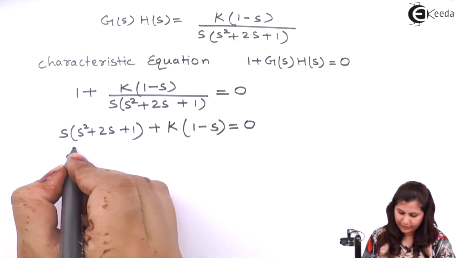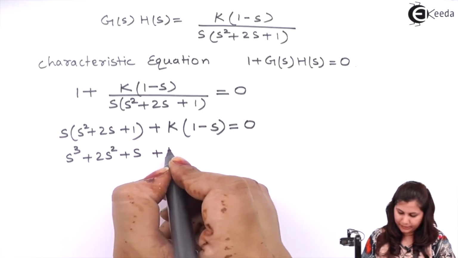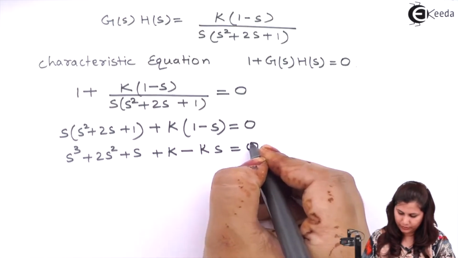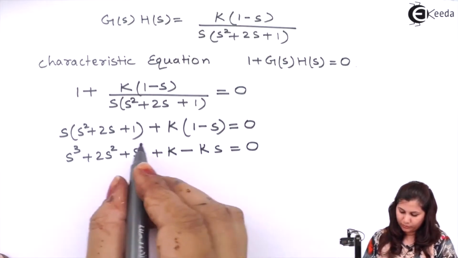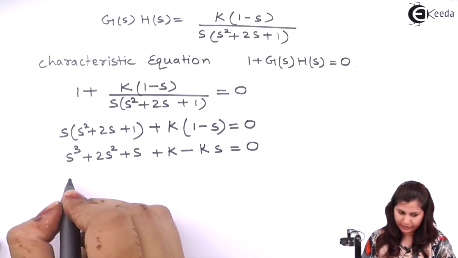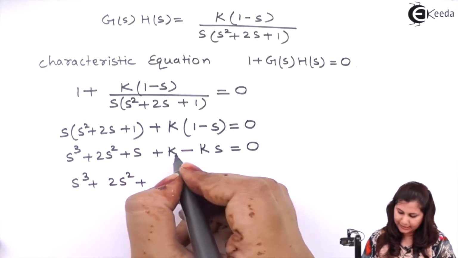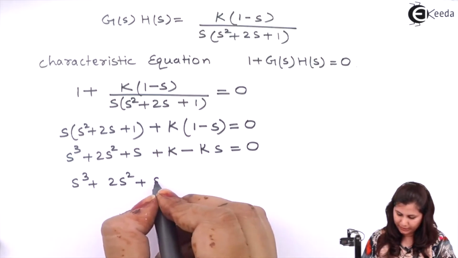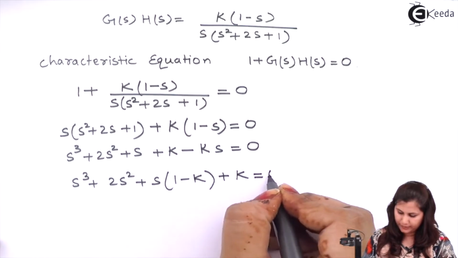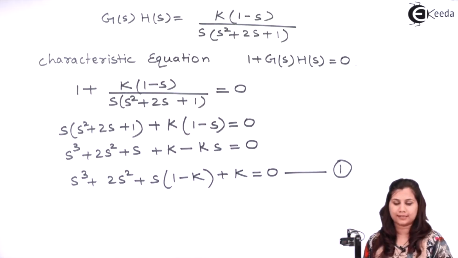Multiply this, we will have s cube plus 2s square plus s plus K minus Ks equals 0. So having the same coefficient term as 1, we are having s cube plus 2s square plus s and minus Ks. So it will be s(1 minus K) plus K equals 0. So this is our characteristic equation for this system.